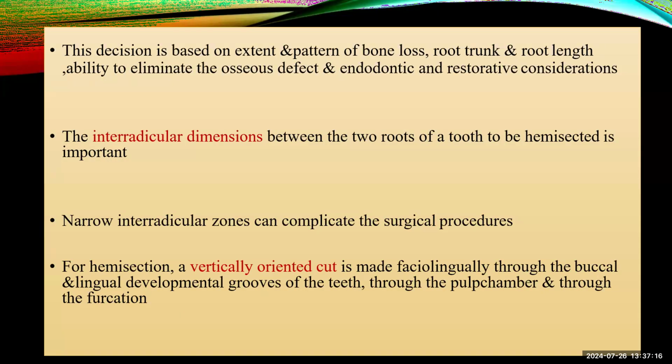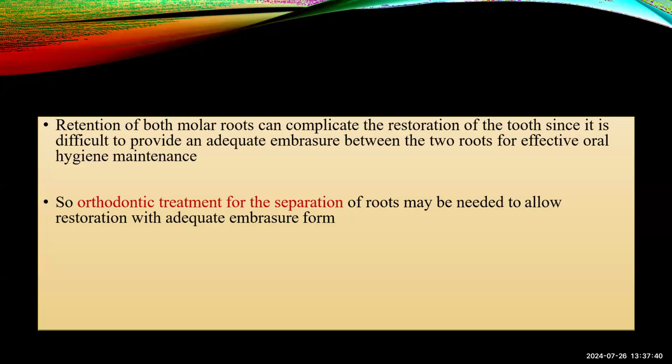The interradicular dimension between the two roots is an important factor in hemisection. As opposed to root resection, where a horizontal cut is given, in hemisection a vertically oriented cut is made facial-lingually through the buccal and lingual developing roots of the tooth, through the pulp chamber and through the furcation.